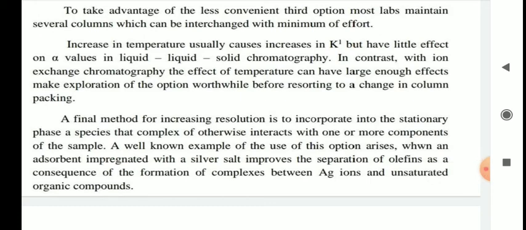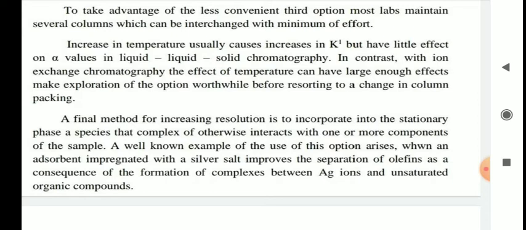One more way of increasing resolution is to incorporate a special compound on the column which interacts with the components of the sample. So if you are having the separation of olefins, you impregnate the column with silver ions, and the unsaturated olefin compounds will complex with the silver, and these silver complexes will give you different alpha values.